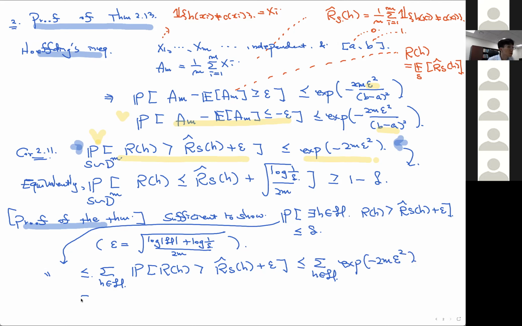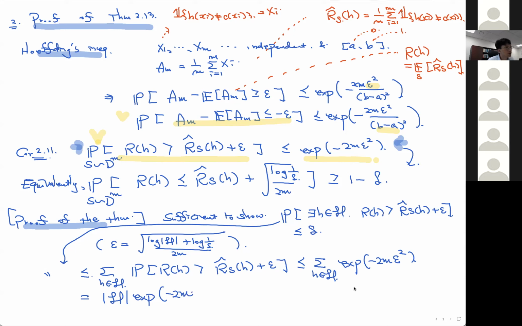But because the exponentiation of minus 2m epsilon squared doesn't depend on h, and there are the cardinality of H many terms that we are adding here, that's the same as the size of H times the exponentiation of minus 2m epsilon squared.